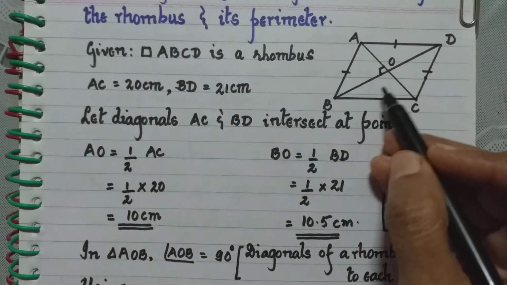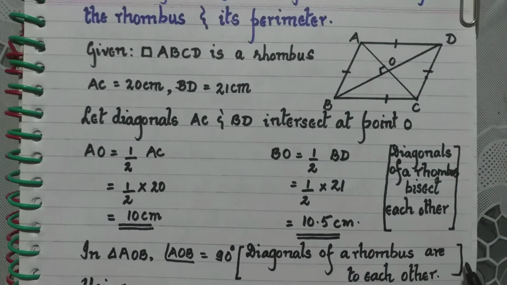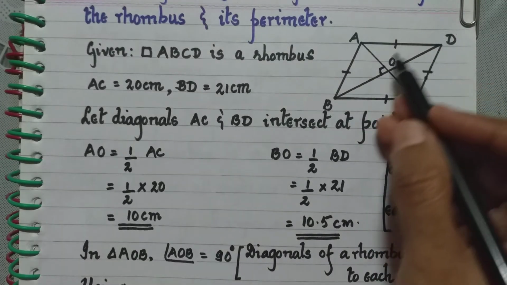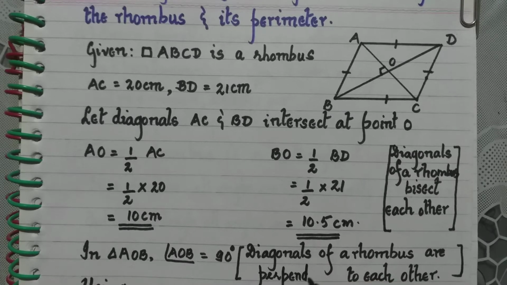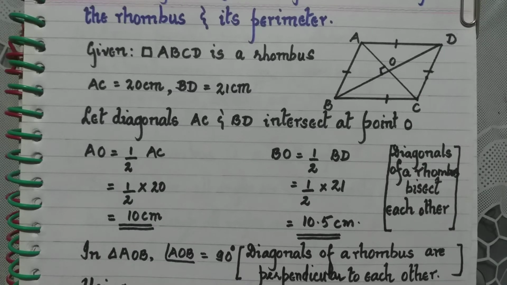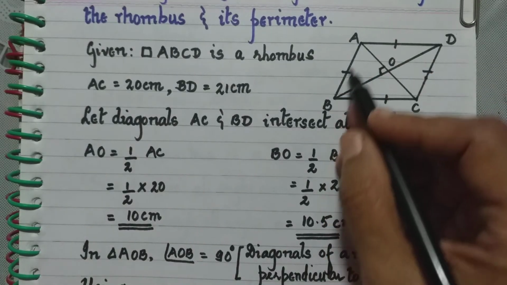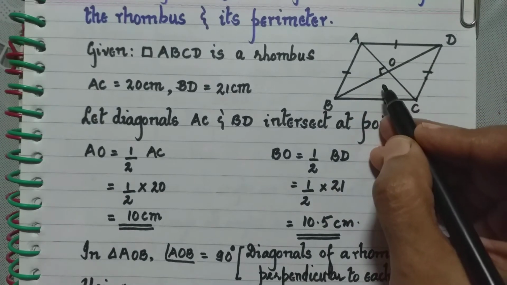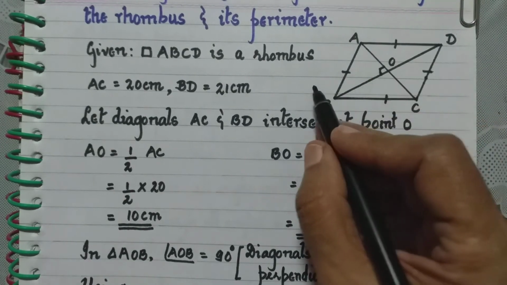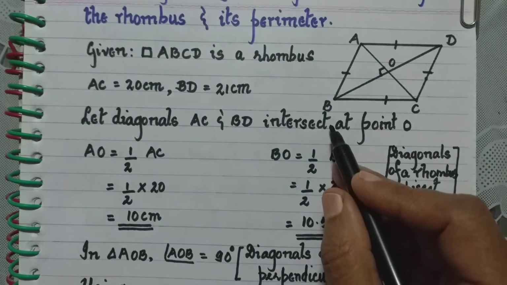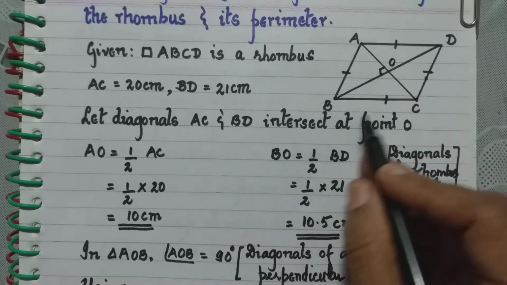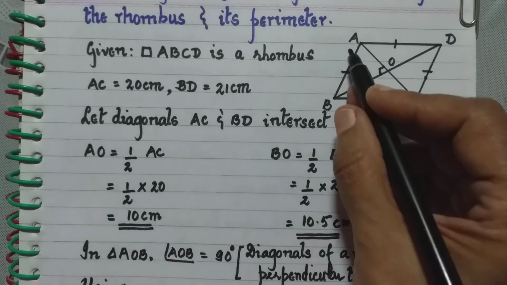Why is angle AOB a right angle? Because the diagonals of the rhombus are perpendicular to each other. And once we know this is a right angled triangle and this is the right angle, opposite to the right angle is the hypotenuse, which is AB. So we will now use the Pythagoras theorem for this.